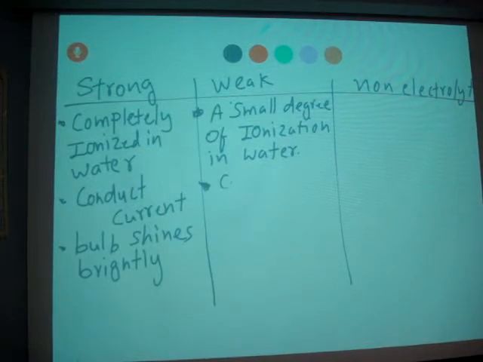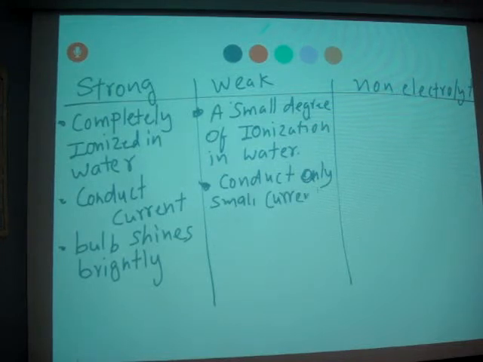It conducts only a small current, and its bulb glows dimly.